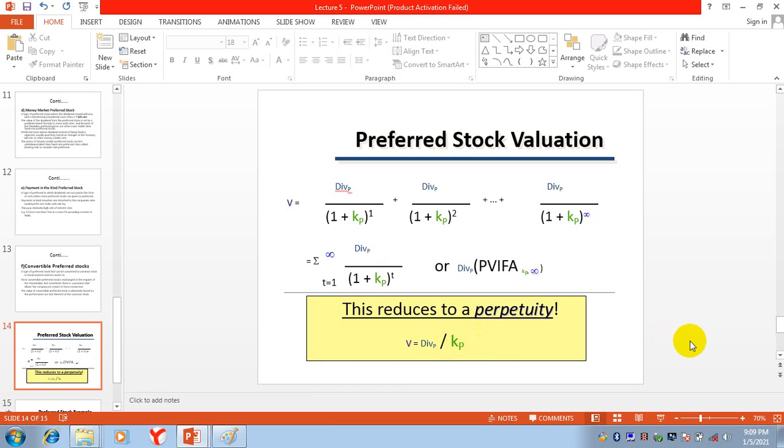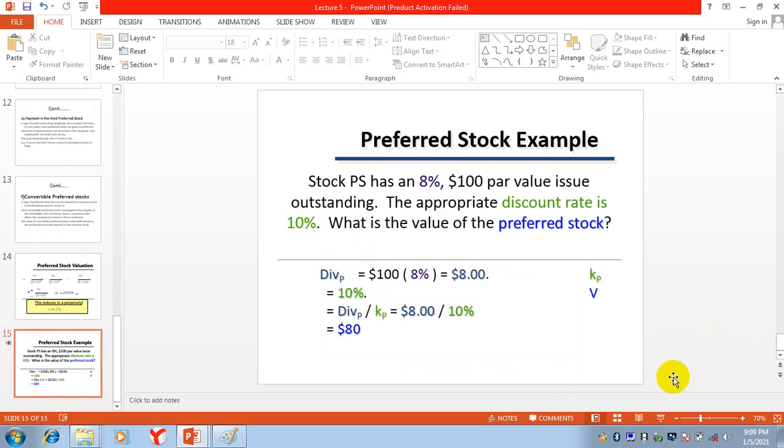So the value of preferred stock is equal to dividend on preferred stock divided by rate of return on preferred stock.